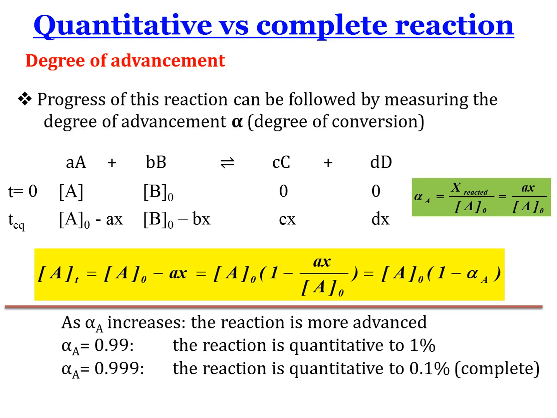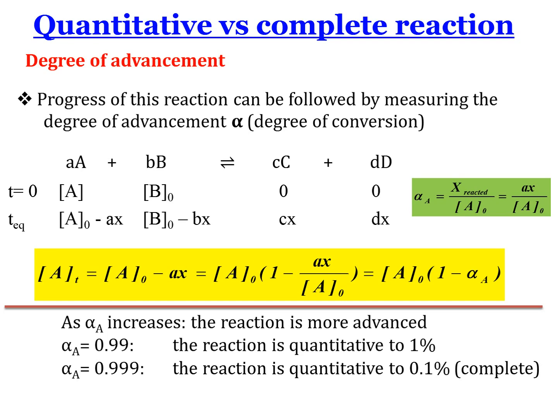If the value of alpha A is less than 0.99, our reaction is advanced. If alpha A equals 0.99, our reaction is quantitative. And if alpha A equals 0.999, our reaction is complete. And as you see, alpha cannot be equal to 1 because in chemistry we don't have 100% conversion.